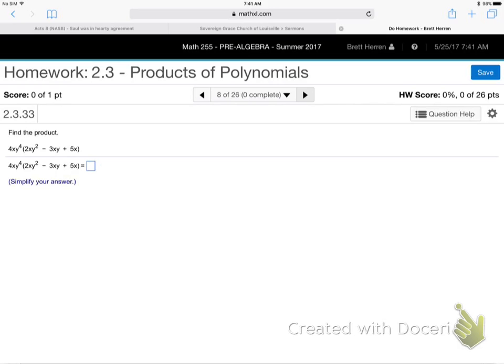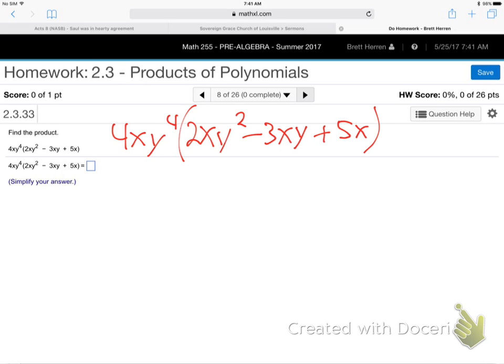All right, so we have 4xy to the 4th, parentheses, 2xy squared minus 3xy plus 5x. Okay, so same thing, multiplying all three of those because it's right up against the parenthesis wall. That means multiply. So multiply the numbers in the front, add the powers.